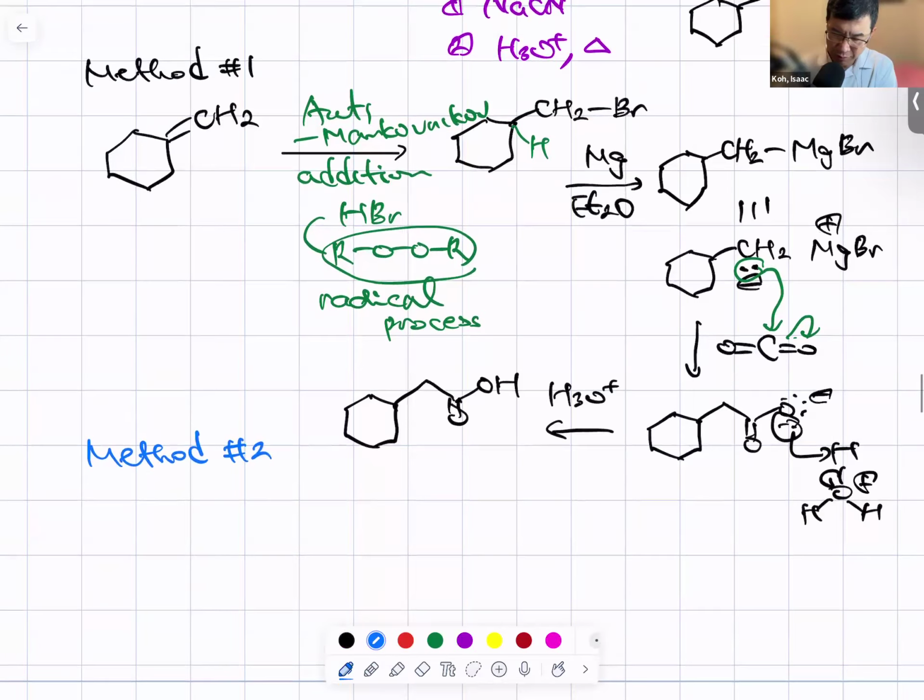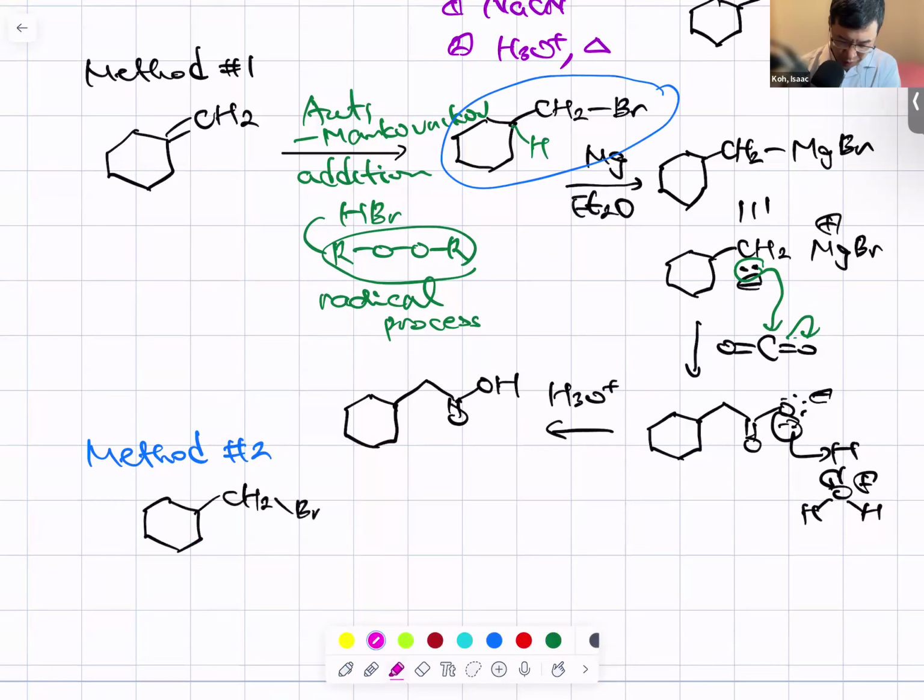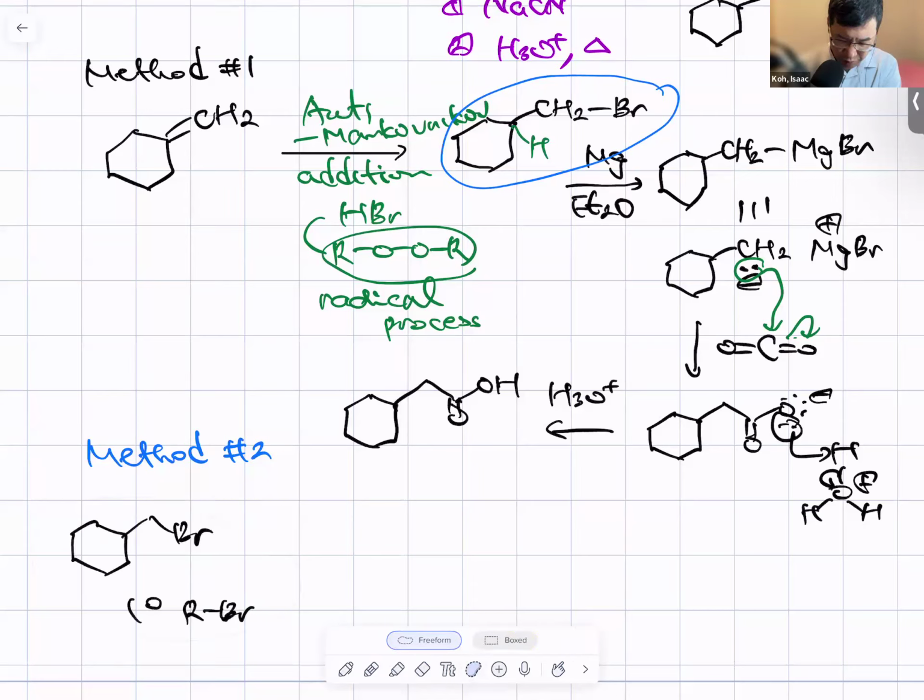So it is starting from this intermediate. Let me draw it this way, with bromine. This is a primary alkyl bromide, which is a great substrate for SN2 reaction.